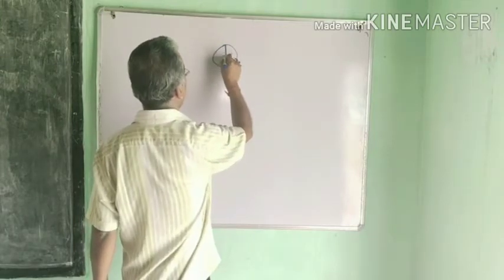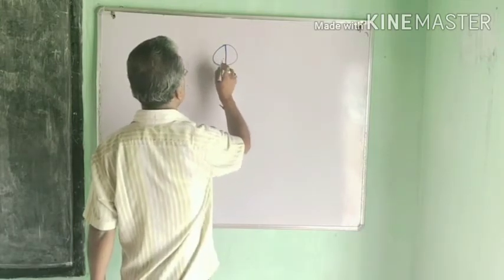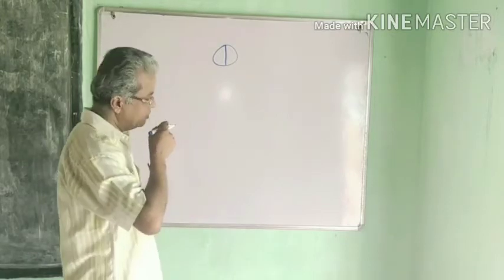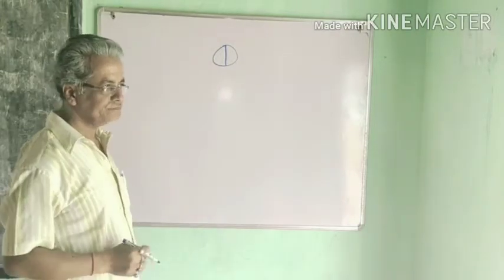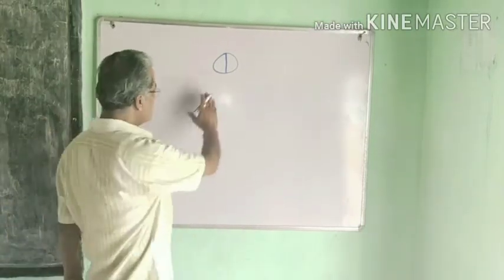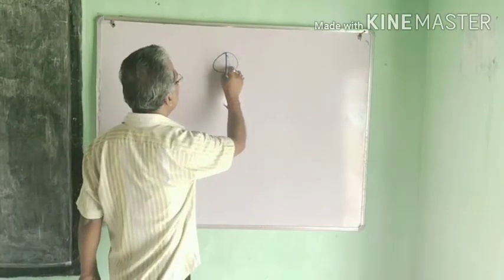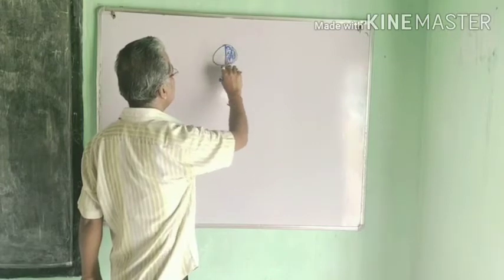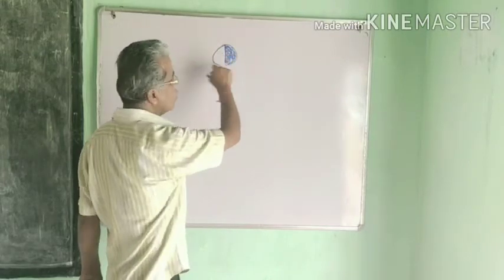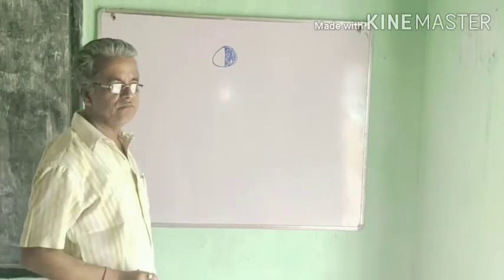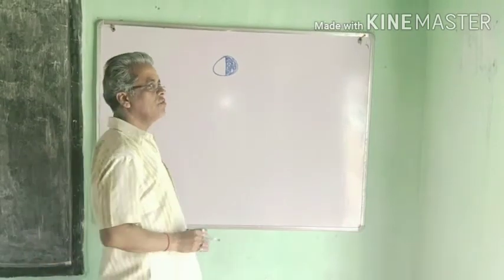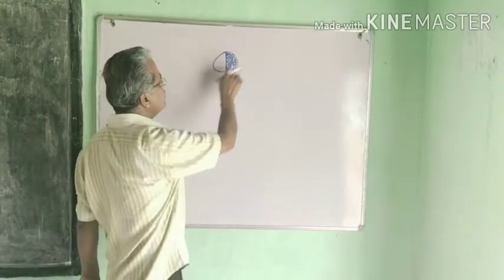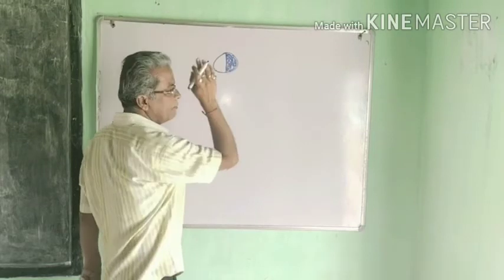Now, if we cut the circle into two parts, then one part is obviously smaller than the whole of the circle. So the whole is greater than the part.